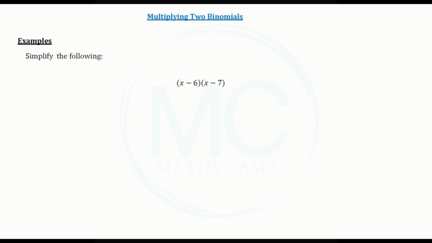In this example, we have x minus 6 multiplied by x minus 7. Let's do our first terms. X multiplied by x gives us x squared. Then we have x multiplied by negative 7, which gives us negative 7x. Then we have negative 6 multiplied by x, which is negative 6x.